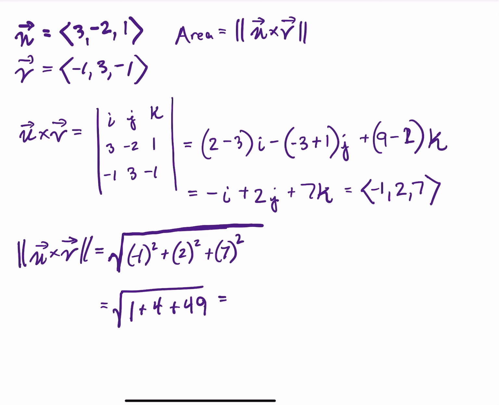So that looks like the square root of 54. Well, root 54, we can write that as the square root of 9 times 6. 9 times 6 is 54, and the square root of 9 is 3, so that 3 can come out in front. So we get 3 root 6. This will be the area of our parallelogram.